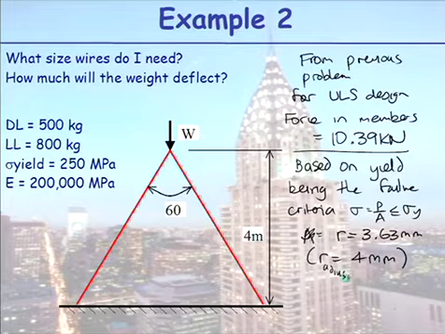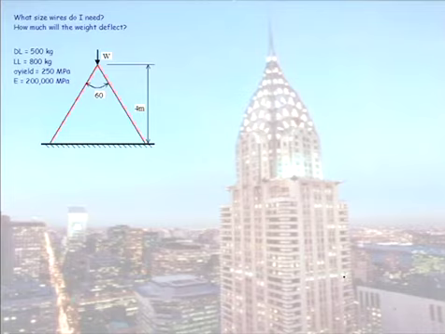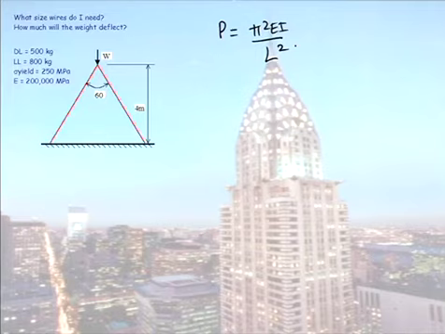Yep. Okay, so now let's do our buckling check. So buckling, pi squared EI on L squared. What's my buckle load equal to? I'm going to set my buckle load to the compression force in the member.